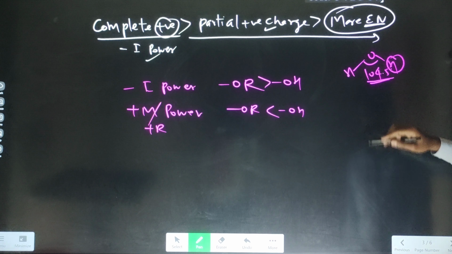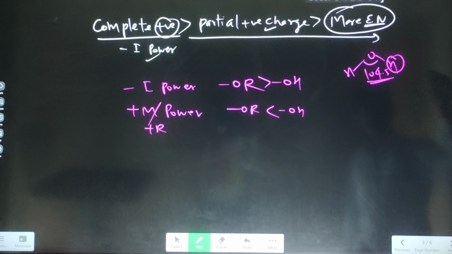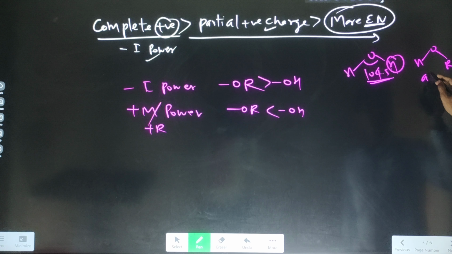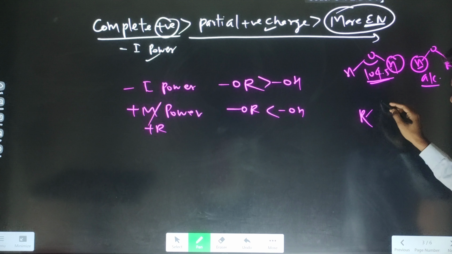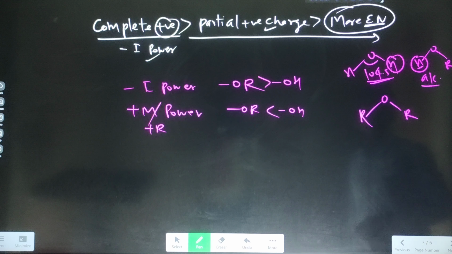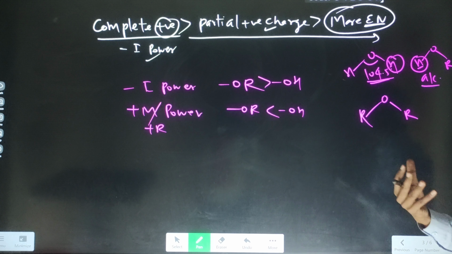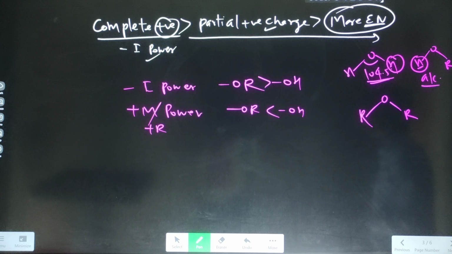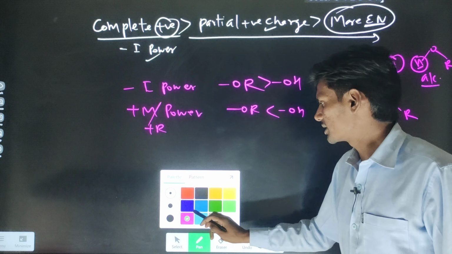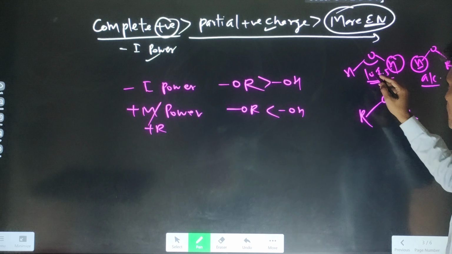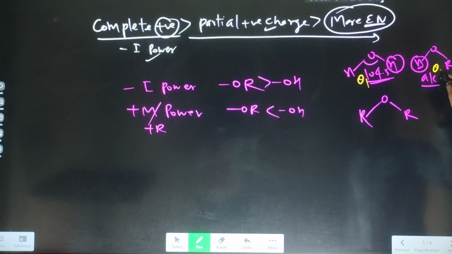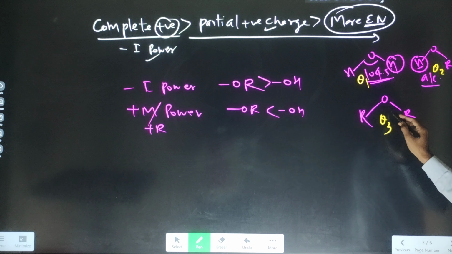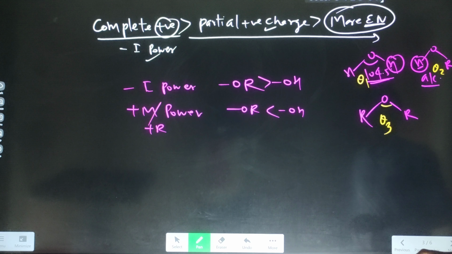If we replace hydrogen by alkoxy group, then we can say that this is alcohol, and after that if we replace this hydrogen by alkyl group, then let's consider the bond angles, suppose this is theta 1, this is theta 2 and that is theta 3.